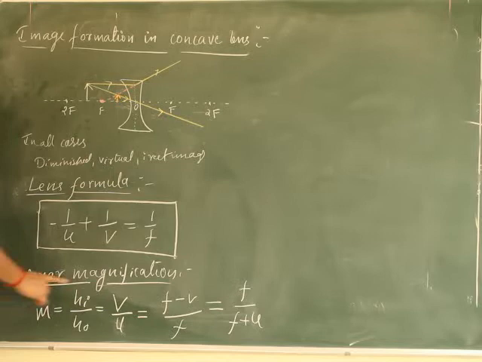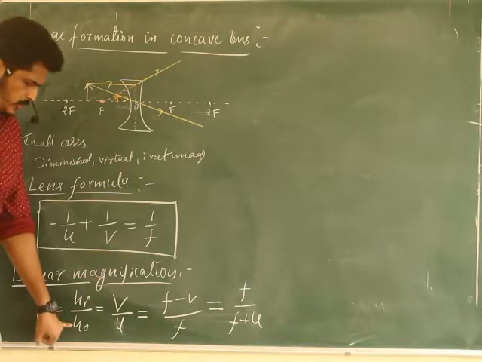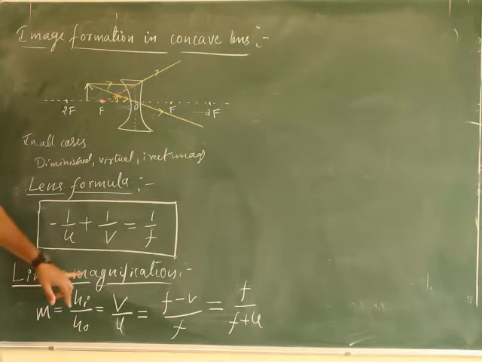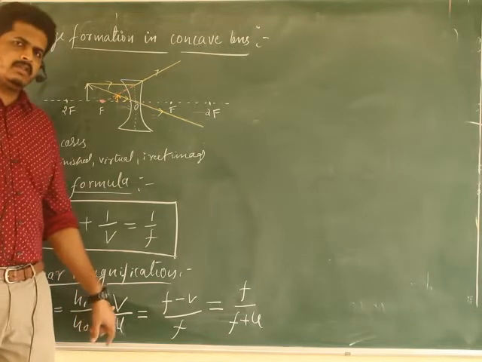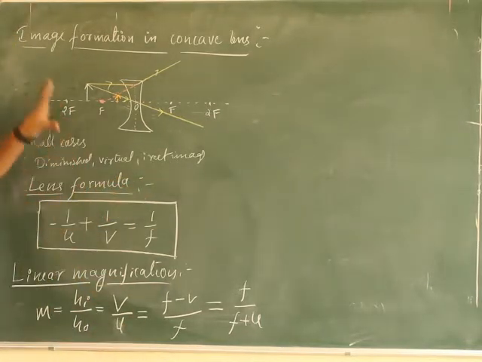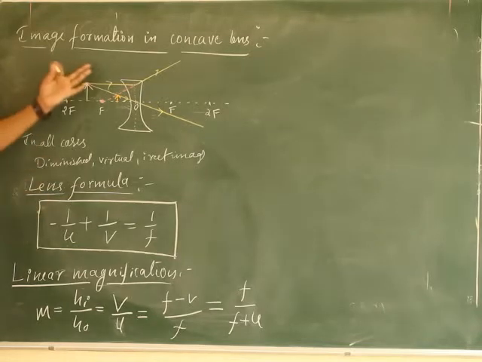So linear magnification means what? It is the ratio of height of the image to height of the object. The proper definition should be written along with explanation. You can also say it is the ratio of image distance to object distance. So that is all about image formation in case of a concave lens.